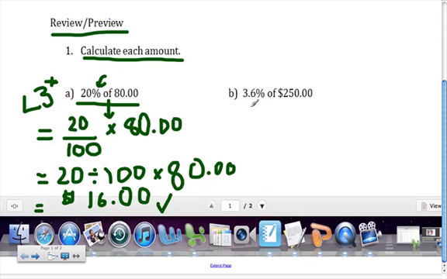Okay, so 3.6% of $250. Again, we change the percentage to a number out of 100, so 3.6 out of 100. The word of becomes a multiplication sign, and we keep the $250.